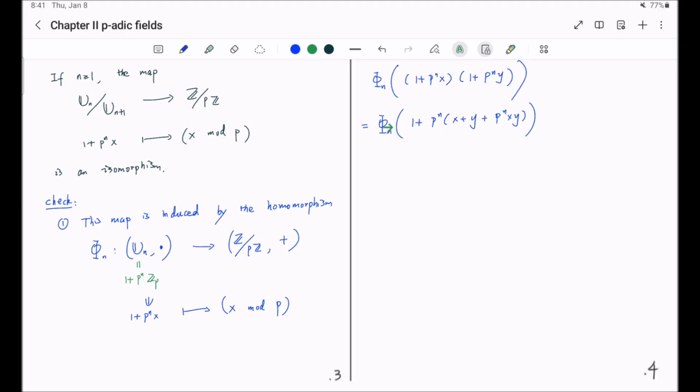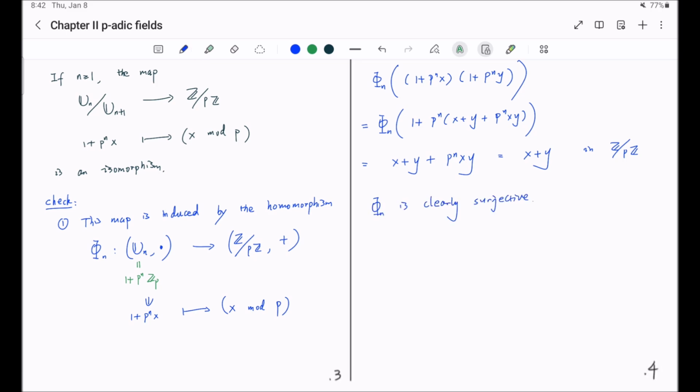And by our definition for phi sub n, the image is supposed to be just x plus y plus p^n xy. So the image is just this part. And because n is greater than or equal to 1, this guy is the same as x plus y in Z mod pZ. So this phi sub n is indeed a homomorphism. And phi sub n is clearly surjective.